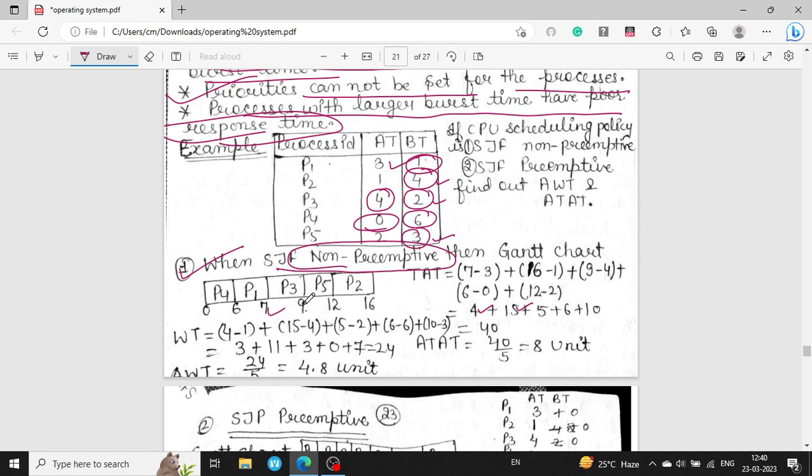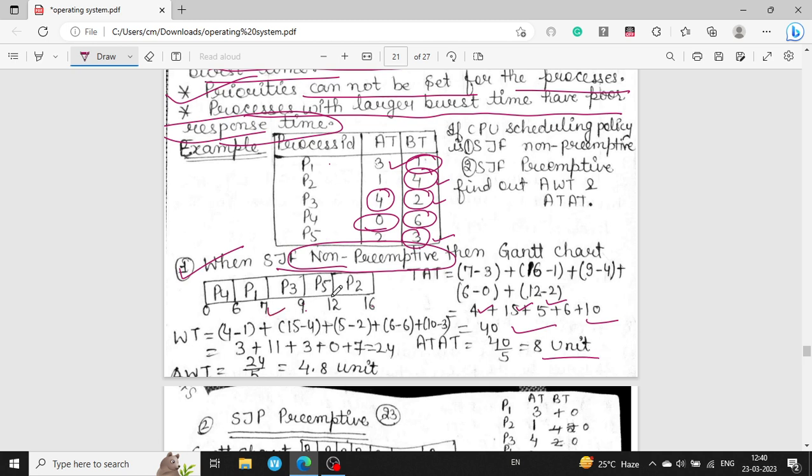Next P3 is 9 minus 4, 5. Next P4 is 6 minus 0, 6. P5 is 12 minus 2, 10, and the total is 40. Average turnaround time is 40 divided by 5, that is 8 units.